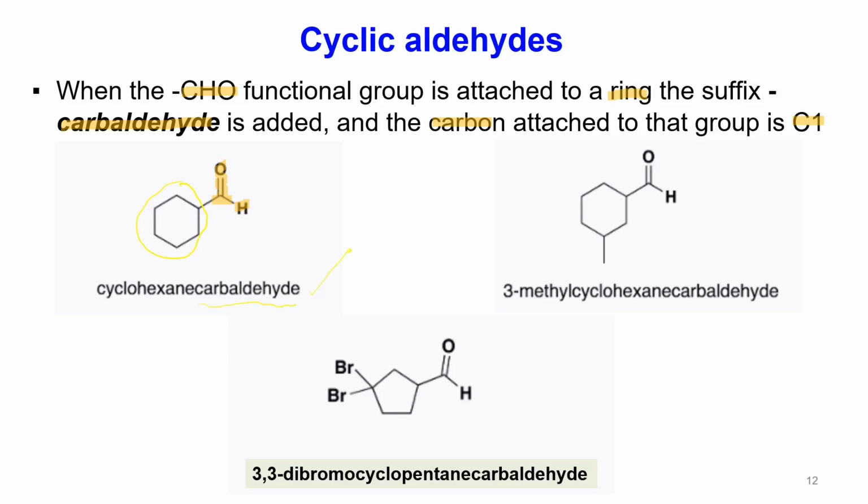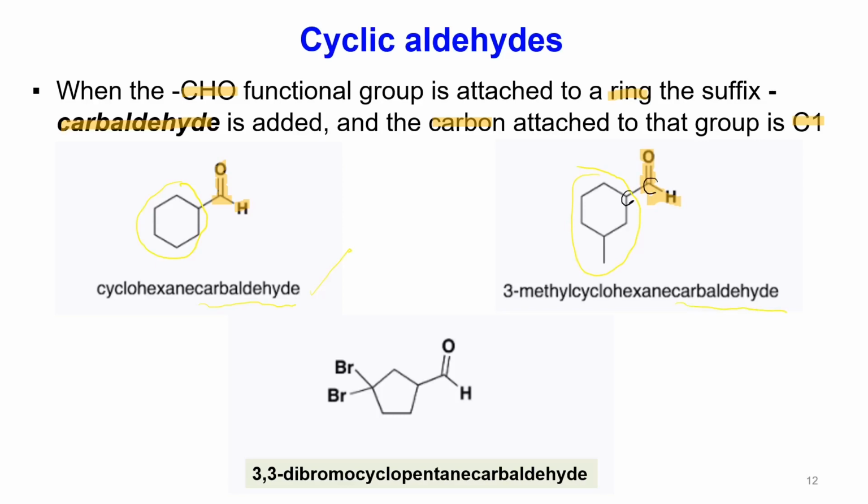According to the second example, we have the CHO group directly attached to methyl cyclohexane. So the parent name for this structure is carbaldehyde according to the CHO group.